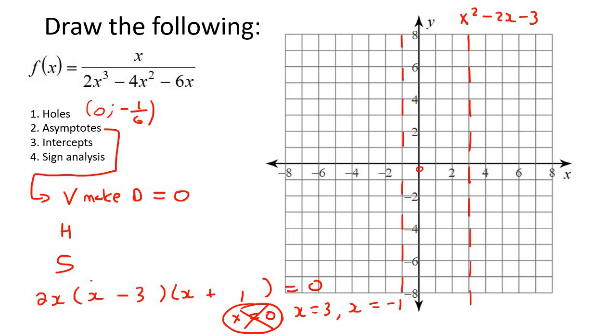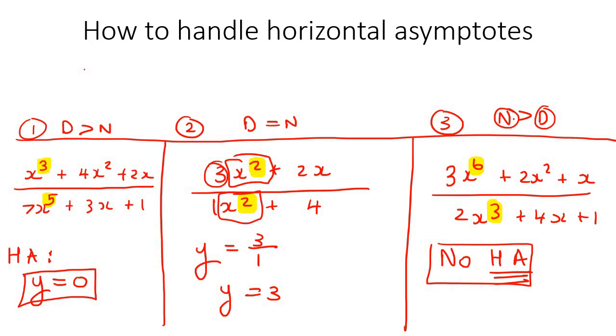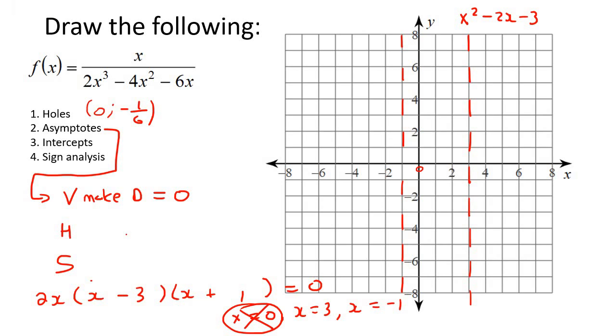Now the horizontal asymptotes, this is where you have to think about the 3 different categories. Remember this page where you look at the denominator and the numerator? Yes, that's for horizontal asymptotes. So if we look here, the numerator exponent is a 1. The denominator is a 3. So the denominator is bigger than the numerator.